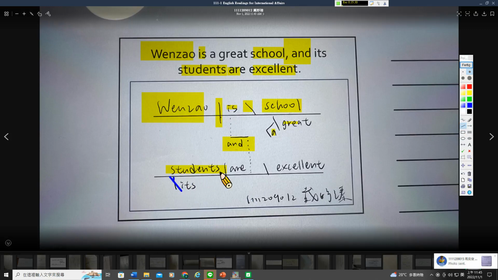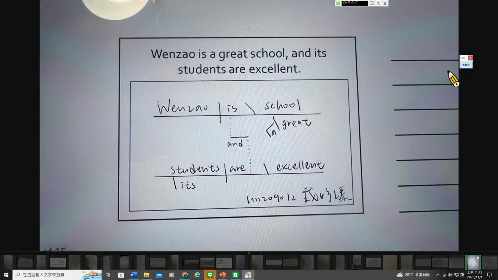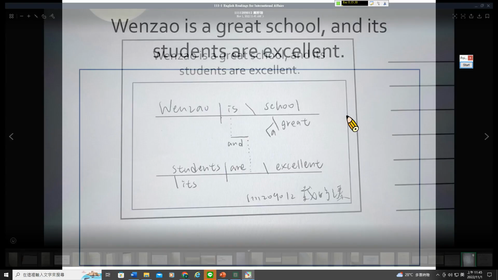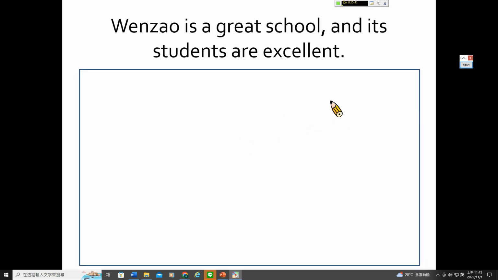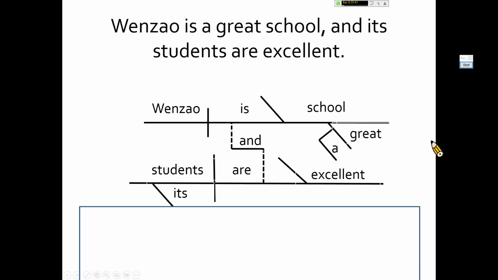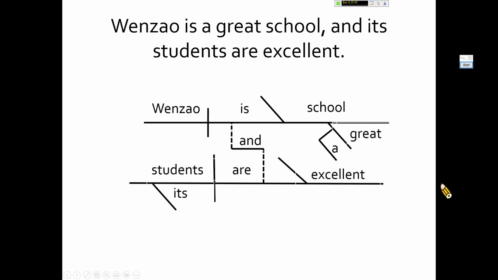So its students are, so excellent, that's good, perfect. Okay, so now most of the students have almost mastered the skills. Okay, so here is the answer. Same as yours, right? Okay, so now let's move to the next one.